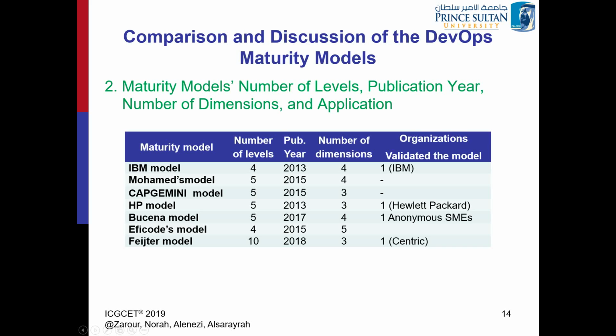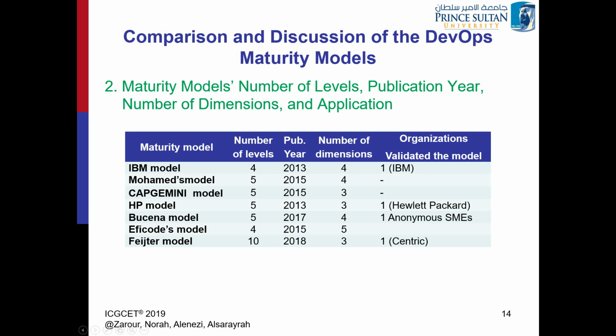The publication year goes from 2013 up to 2017. The number of dimensions also shows some variation. Some of the models have 4 dimensions, some have 3 dimensions, and one of them has 5 dimensions.